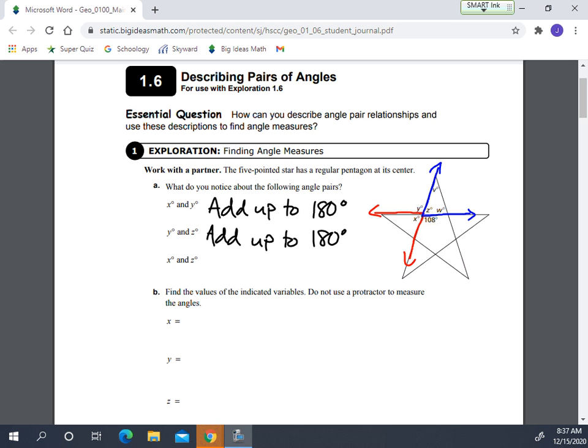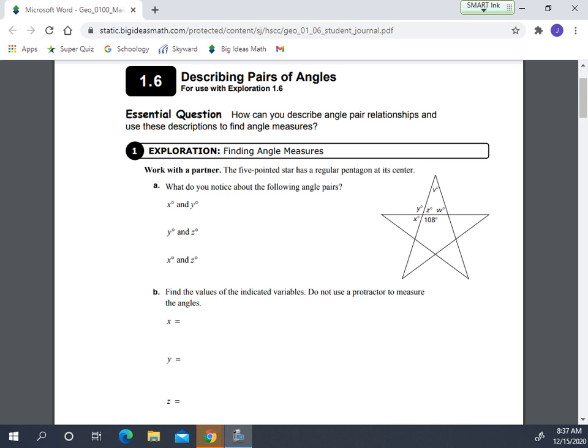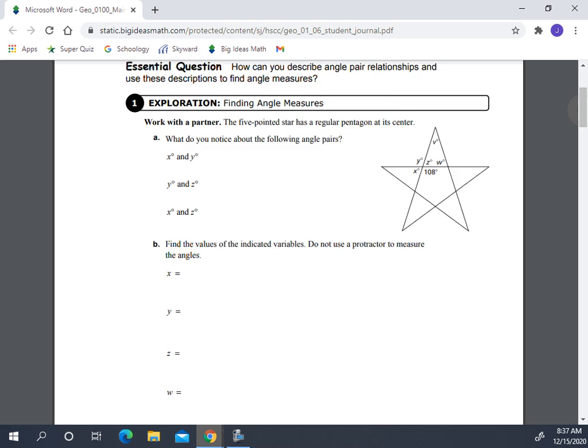X and z appear to be equal. Maybe. It's just something we notice, and we'll get into this in a little bit. Let's move on to the second part.